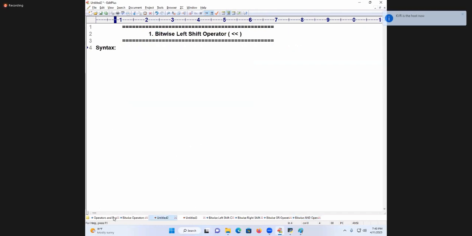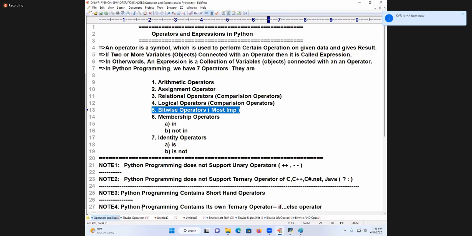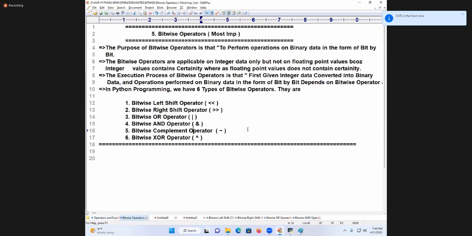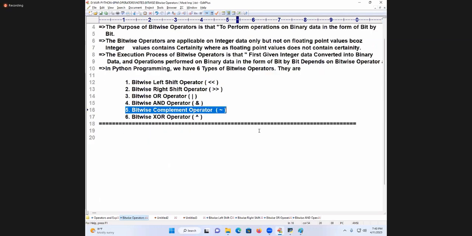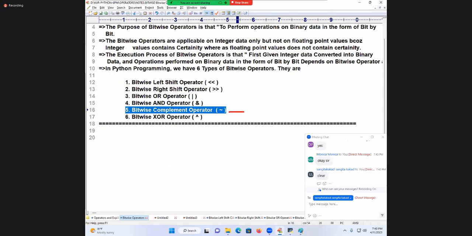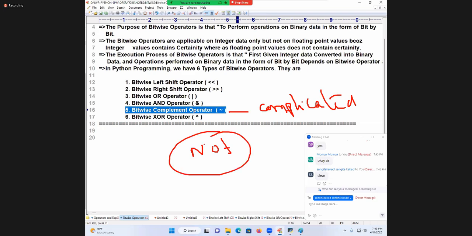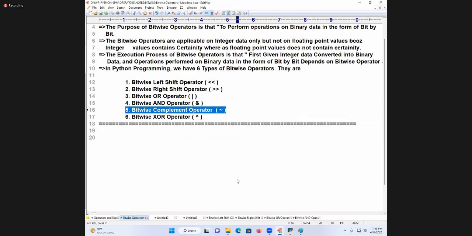Now, next operator is what? What is the next operator? Come on. Bitwise complement operator. So this I cannot complete now, because you will get most complicated. Students will feel complicated, and it is not a NOT operator. It is not the NOT operator. What is this? You see, in the beginning only I will say. One student said A is equal to 10.